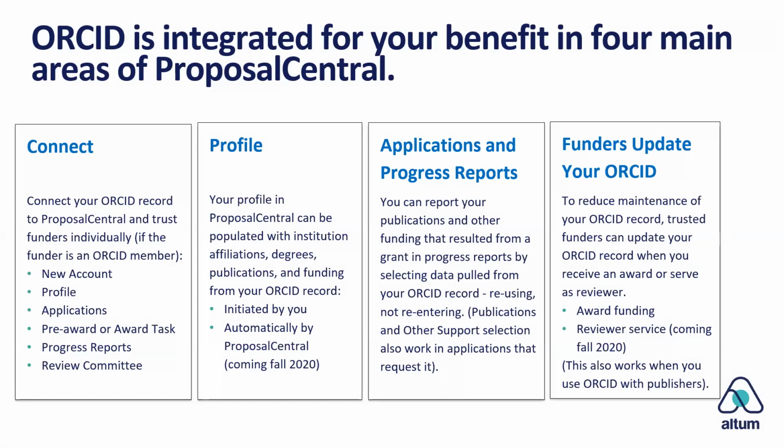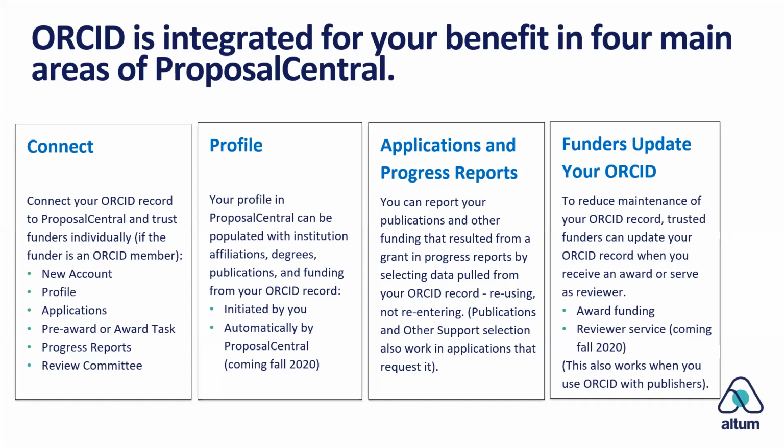So in order to help the funder have this information about the impact that you're having in your research area, we integrated ORCID into the whole Proposal Central workflow, one, to make it easy for you to do this and to make that information then available to the funder.